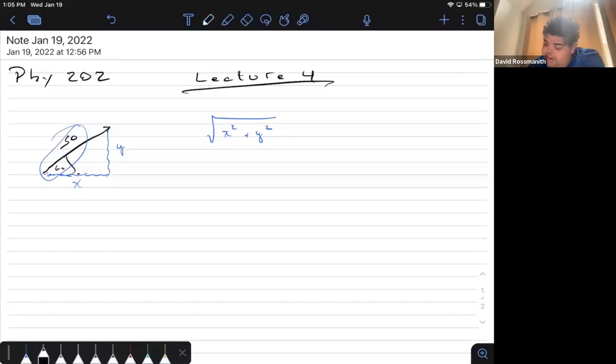But if I had some other example pointing like this, where this is 30 degrees and this is 50, then the X piece, because it points to the left, would be negative, and the Y piece would be positive.